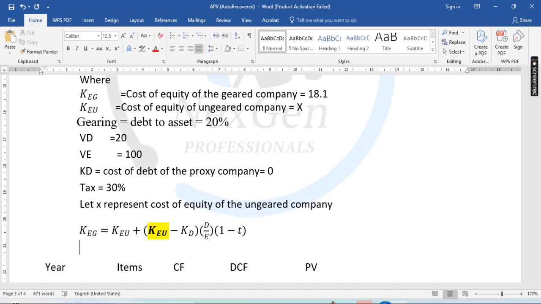So cost of equity of the geared company 18.1 equals X plus open bracket X close bracket. Let me use this.